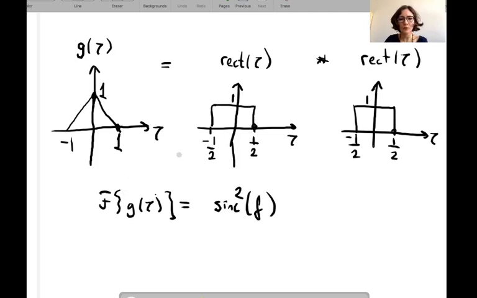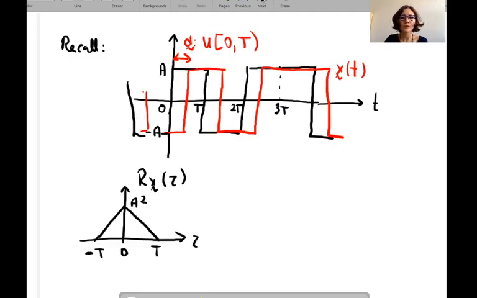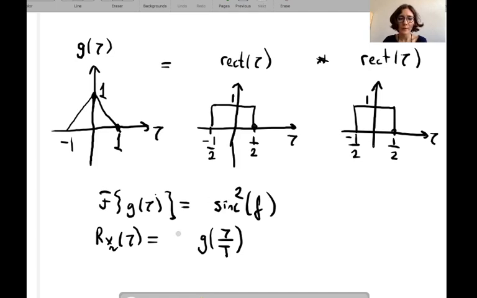So if you just try to write Rx of tau in terms of g, we should stretch by t, so this corresponds to division by t, and then the amplitude 1 should be converted into a square, so it's very simply multiply with a square. So a square g of tau over t.